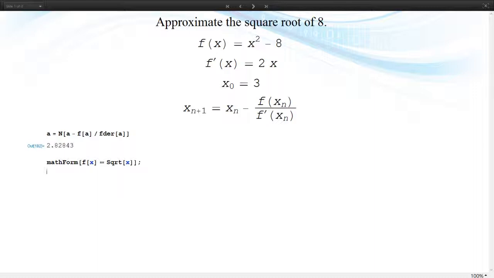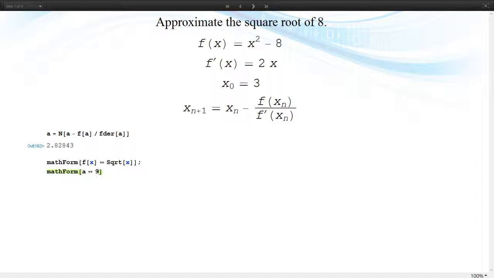And then our guess a would be 9, because that's the x value that's closest to 8 that we can take a square root of easily.